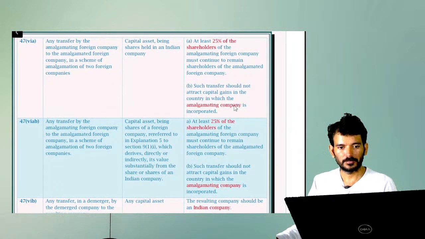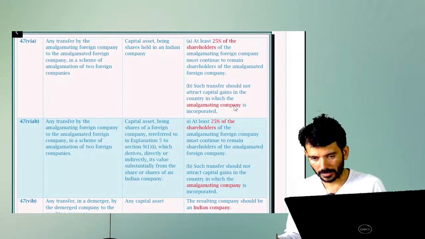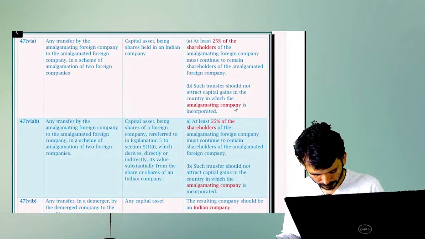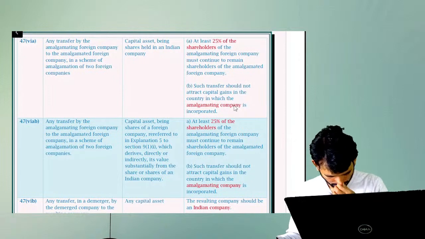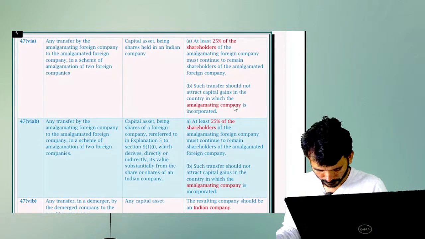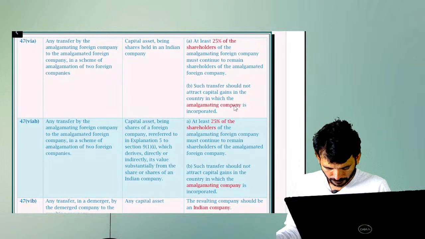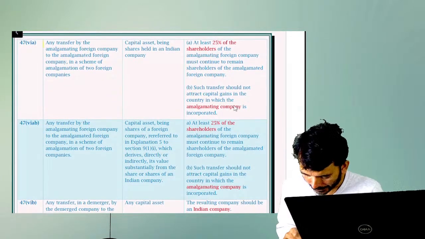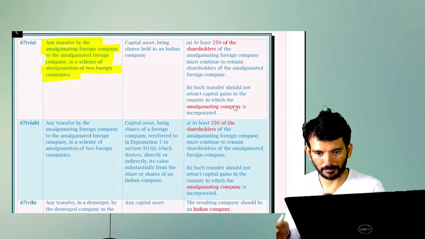Now another 2 really tough things are there to discuss. Next, any transfer by the amalgamating foreign company to the amalgamated foreign company in a scheme of amalgamation of 2 foreign companies.